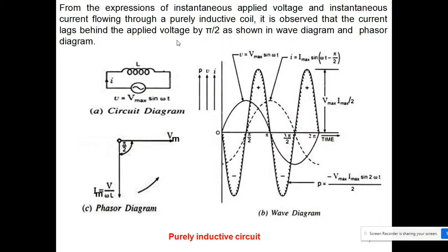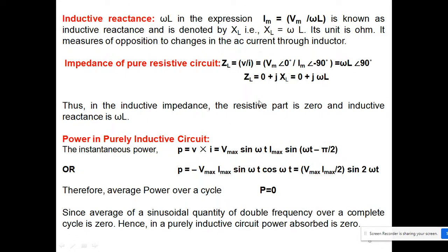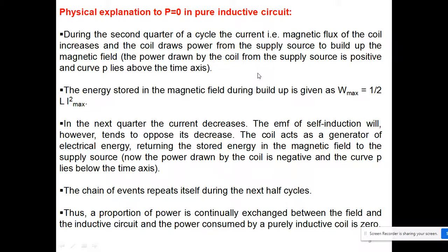So this is my positive power. When current or magnetic flux increases, the coil draws power from the supply source to build up the magnetic field.